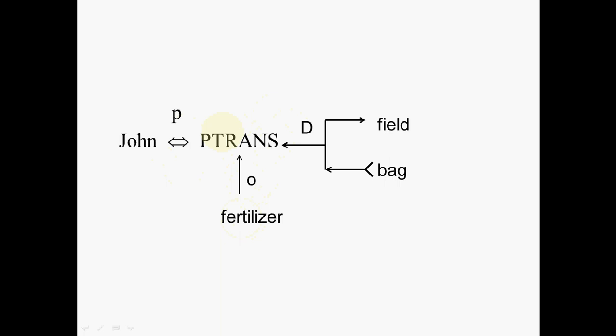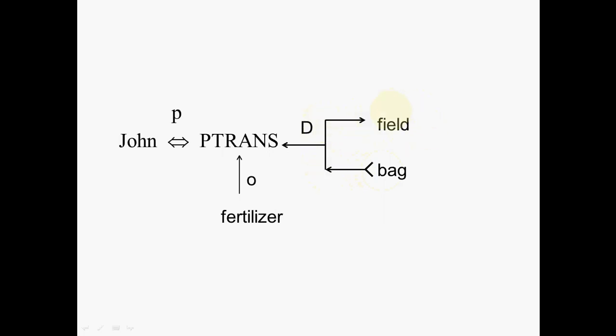After removing the fertilizer from the bag, he went to the field and sprinkled the fertilizer in the field. Now the question is, what is the source and what is the destination? For that, the destination relation has to be established. The source is the fertilizer bag from which he removed the fertilizer, and the destination is the field where he sprinkled.